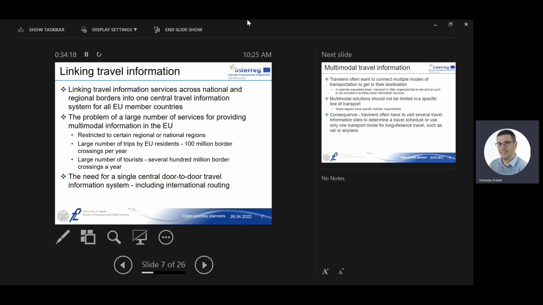So there is also the need for a single central door-to-door travel information system, including international routing. Not necessarily door-to-door, but at least city-to-city or something like that, which includes international routing. Okay. Then we also, in that routing, include, as we already said, multimodal travel information, where travelers often want to connect multiple modes of transport to get to their destinations.